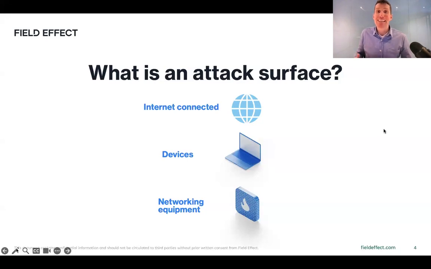So what is an attack surface report? Well, what we're doing with this tool is we're looking at the internet connected devices of an organization. So everything that's connected to the internet. And we're getting this data through open source repositories like Shodan. So what we're hoping to find, and what we usually find, is devices, servers, networking equipment.